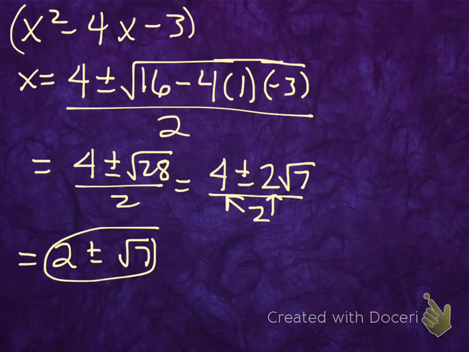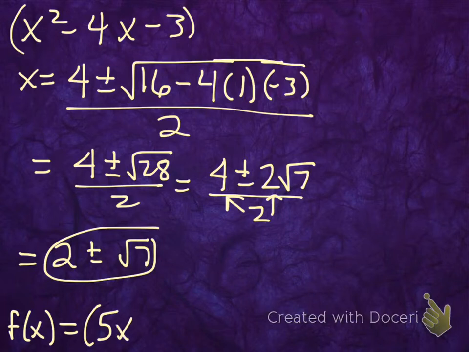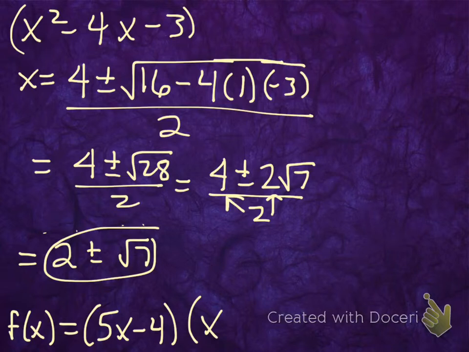So now we have all three of our zeros, so we're ready to write f of x in our final form, which is f of x equals 5x minus 4 times x, and we translate. Remember, you're going to distribute the minus across to each thing inside the 2 that we just found.